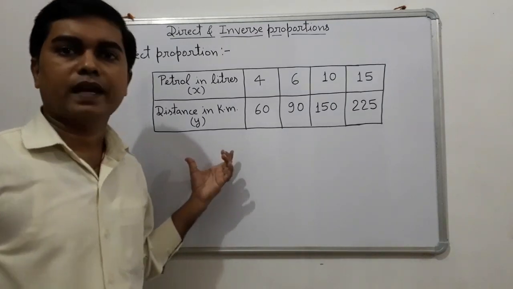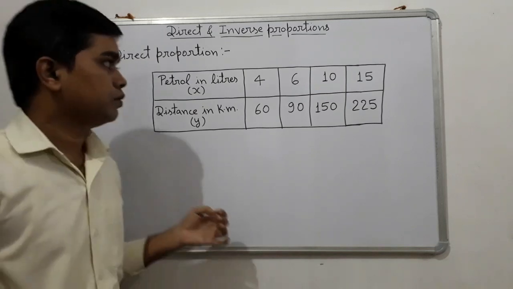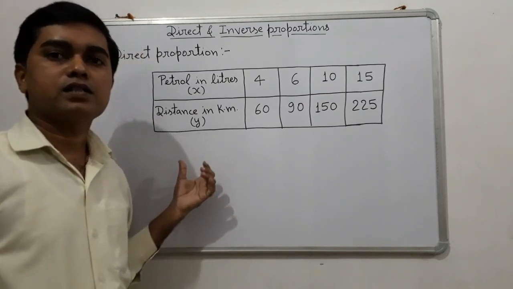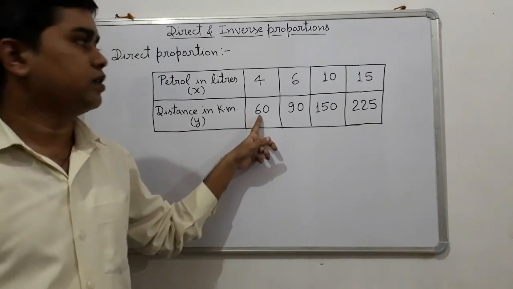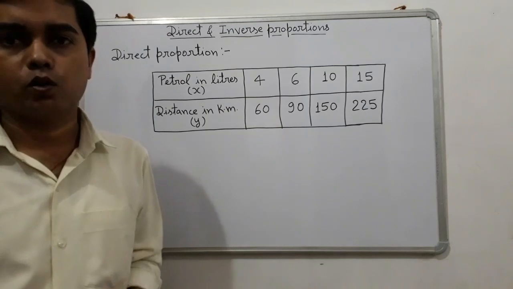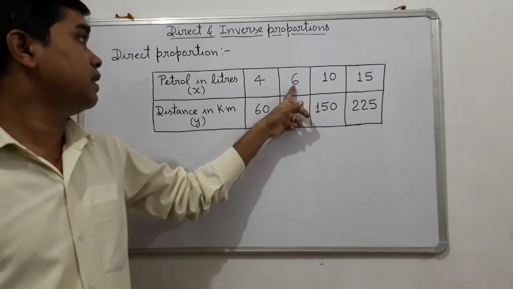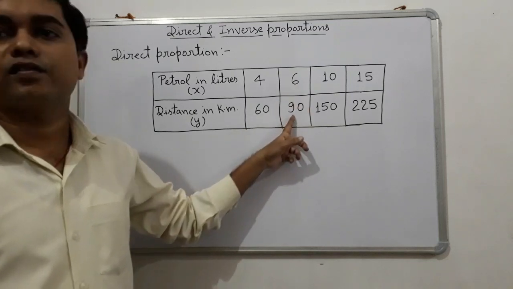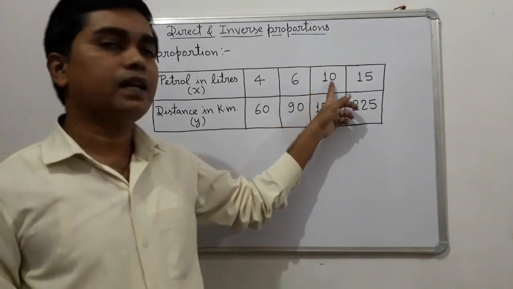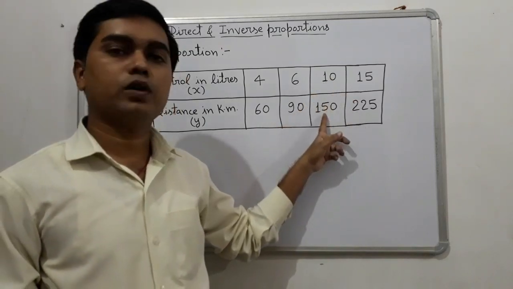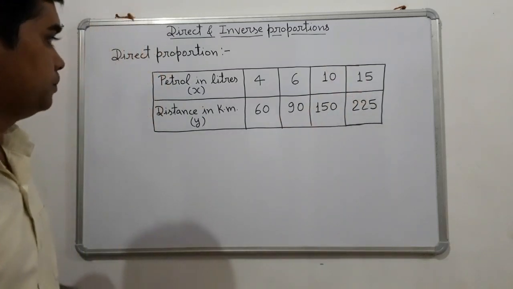Children, see an example for direct proportion. Suppose one car is covering 60 kilometer distance in 4 liters of petrol, and similarly in 6 liters of petrol the car is covering 90 kilometer distance, and in 10 liters of petrol the car is covering 150 kilometer of distance, and similarly for 15 liters.